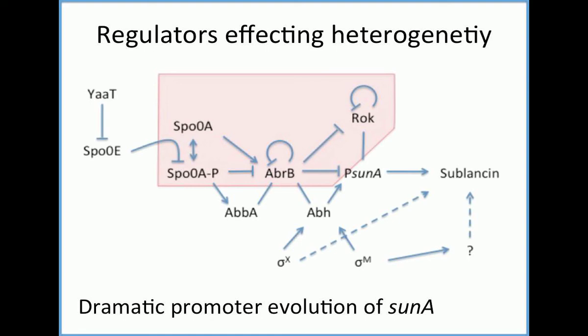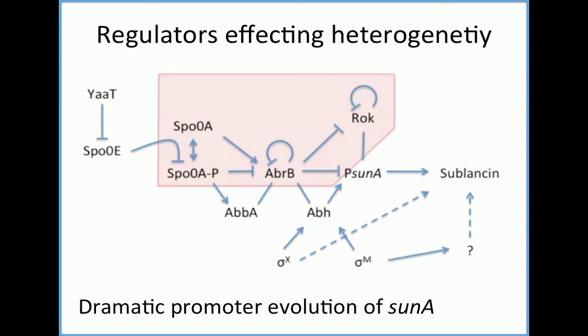And for Spo0A to become active and be able to repress or activate different genes, you require it to be phosphorylated. So once Spo0A has been phosphorylated, it is able to repress AbrB, which is the transitional regulator of Bacillus subtilis. So genes that are not required during exponential growth phase are repressed by this gene.